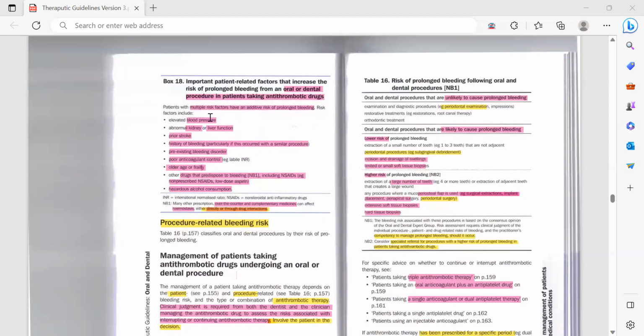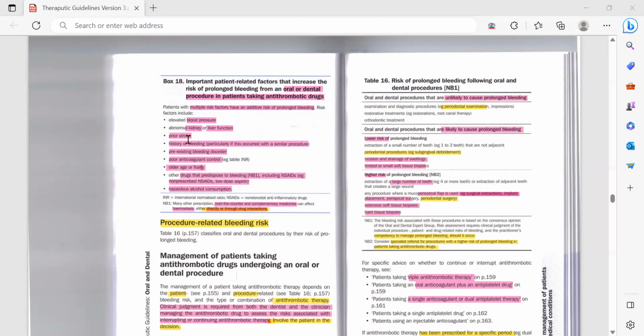Then, what could be the patient-related risk factors? First of all, if he has any problem with elevated blood pressure, meaning he has hypertension, it is a risk: the chances of bleeding are more than in another person who does not have hypertension.